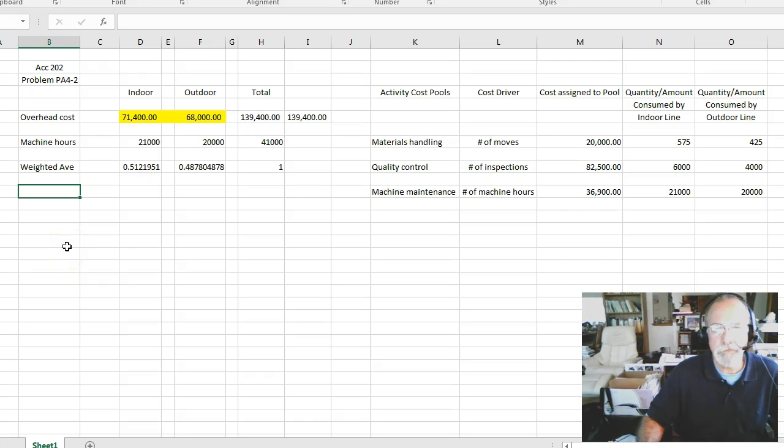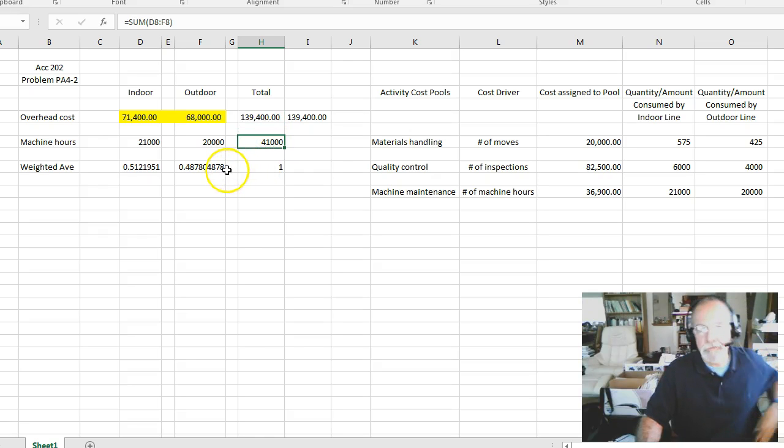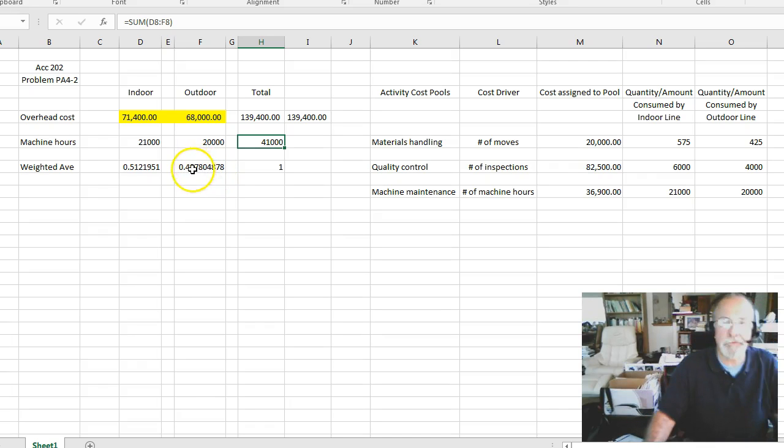Now, an alternative way of coming up with those same numbers, it's a little different approach, but we should end up at the same place, would be to take the total overhead cost to be allocated and divide it by the total of the cost driver number. So in this case would be the total of the machine hours.